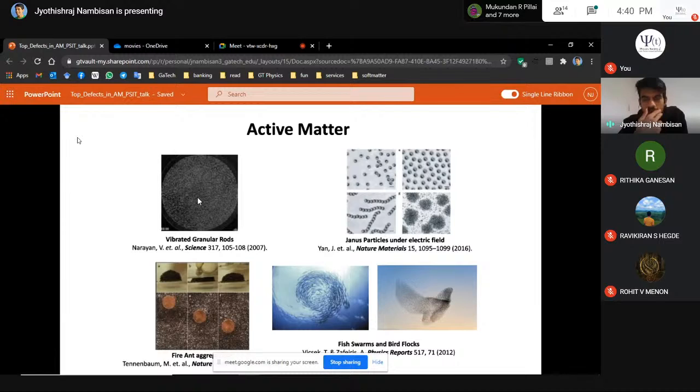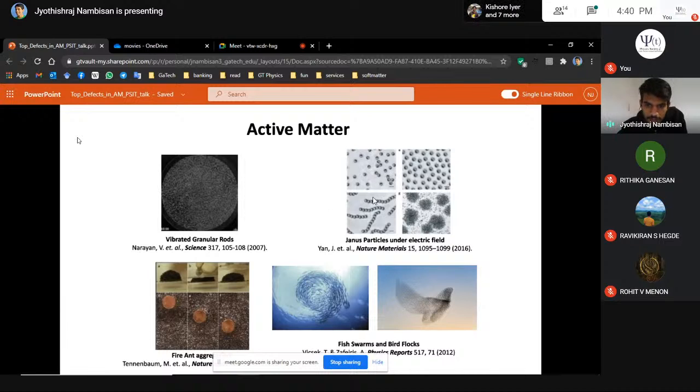In equilibrium systems, the number fluctuations go as the square root of N, but in active systems, where each particle can dissipate energy on its own, they display fluctuations which are higher. The exponent is higher than one, so they fluctuate to a degree greater than that of equilibrium systems, and that is a very unique signature of active matter systems.